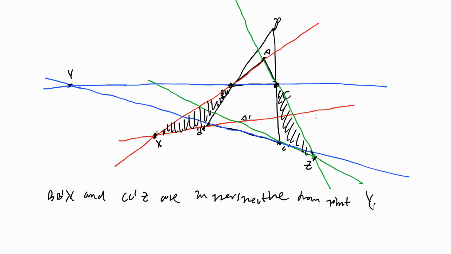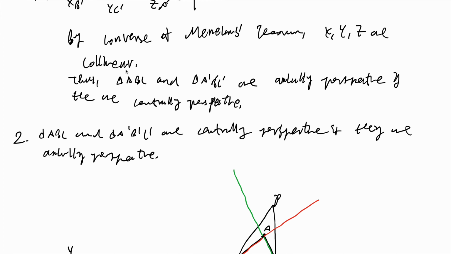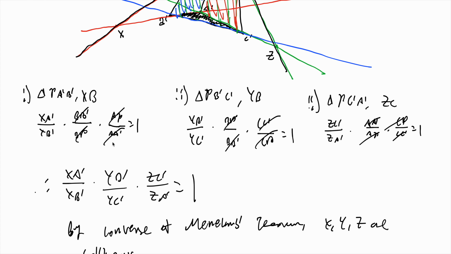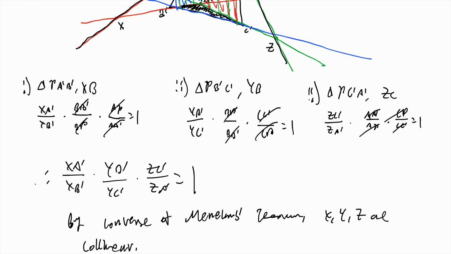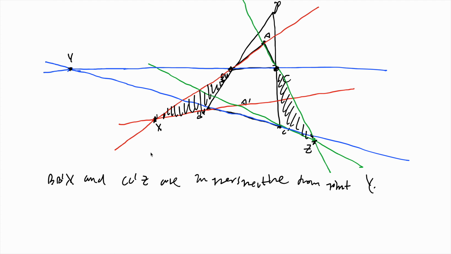The reason we're done is because we know this is a center of perspective, and we're going to use the result that we got from before, so that we don't have to do every single thing again.